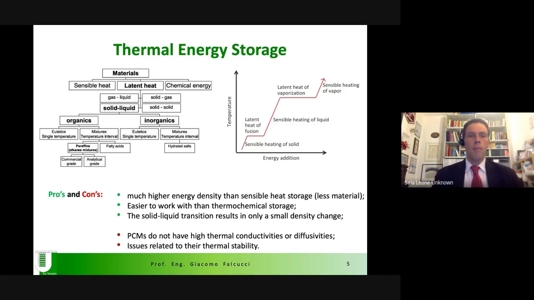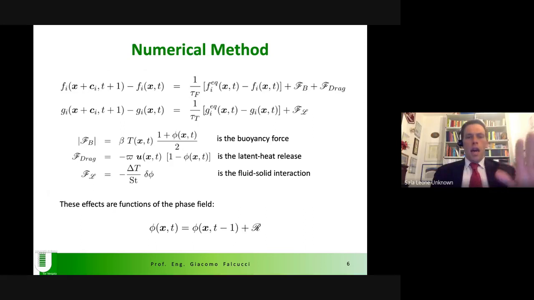As stated before, the numerical method is a plain two-population lattice Boltzmann with a phase field, in which we take into account the effects of melting and solidification with three terms in the two equations: the buoyancy force, the effects of latent heat release (I'm sorry, there is a typo), and fluid-solid interaction.